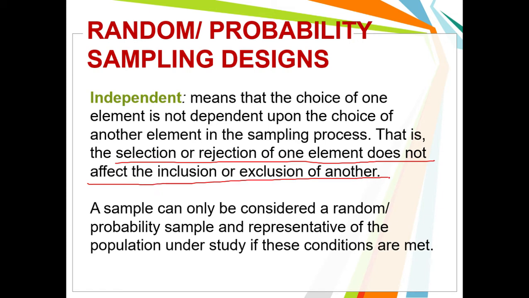Hindi porket napili ang isa, dapat piliin na yung isa. Okay, so going back dun sa ating example, 50 students, pipili ng 5. Okay, so pag napili na ang isang student, okay, so 4 na lang yung slots na natitira, lahat pa rin ng natirang students may chance na mapili dun sa 4 na lang na slots.